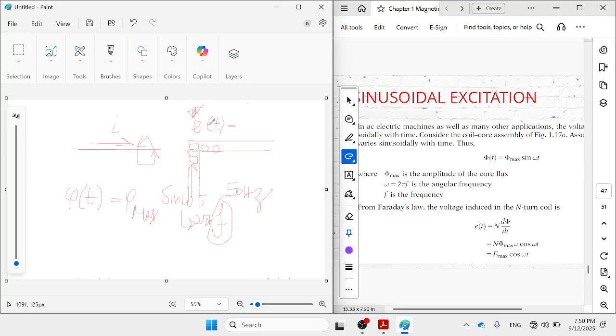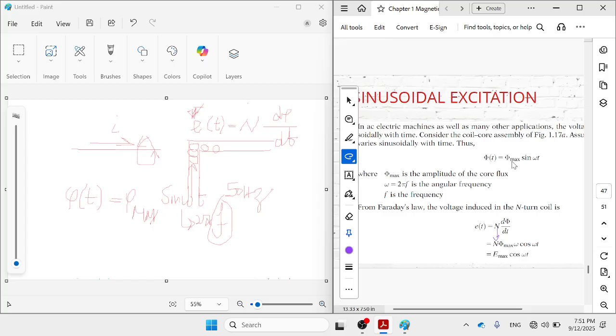Okay, we usually call it Et here. It's N. What is N? It is the number of turns in the coil. d phi, the change of phi over dt, over time. Okay, then we can calculate d phi over dt using the formula, because the phi is here: phi max sine omega t. If we use the formula, calculating that one, N comes down.